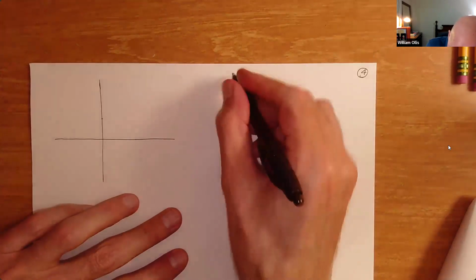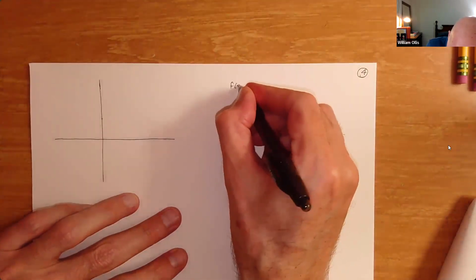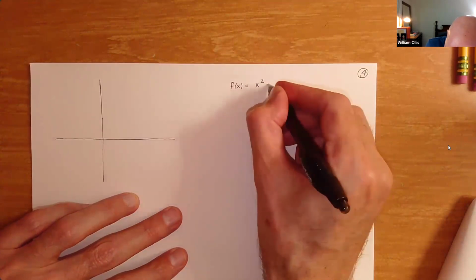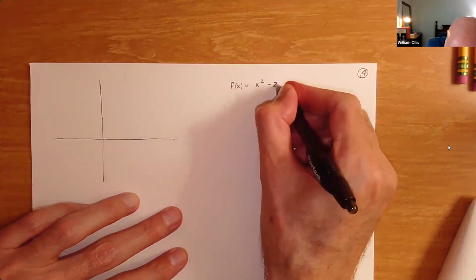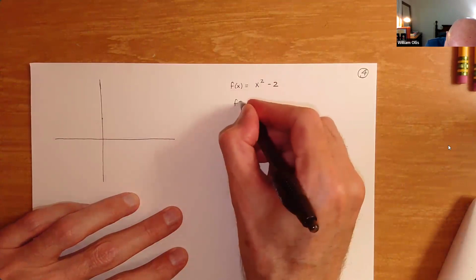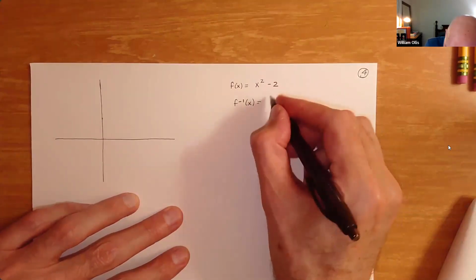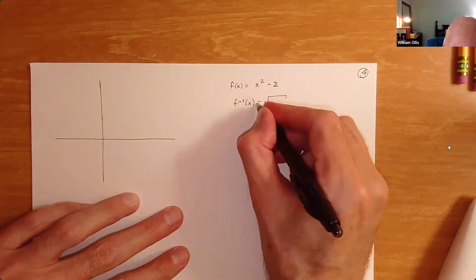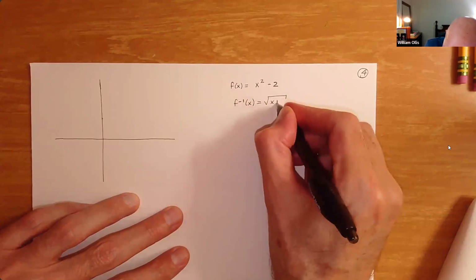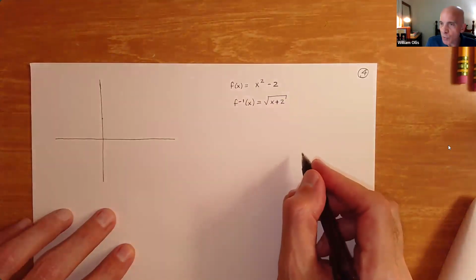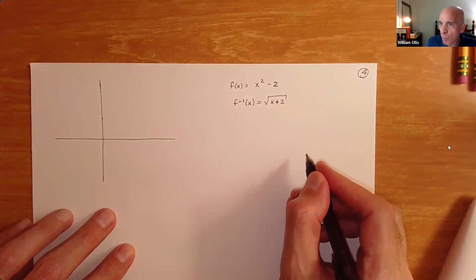Now, the original function, we have f of x equals x squared minus 2. And then the inverse function, we computed to be the square root of x plus 2. So what we can do is just use some really simple points here.